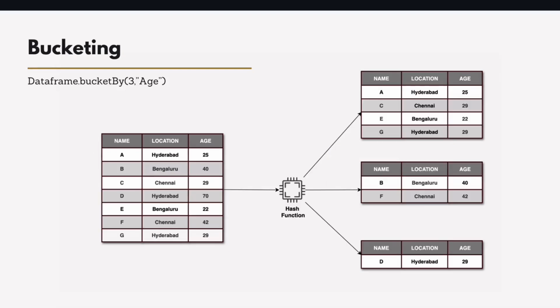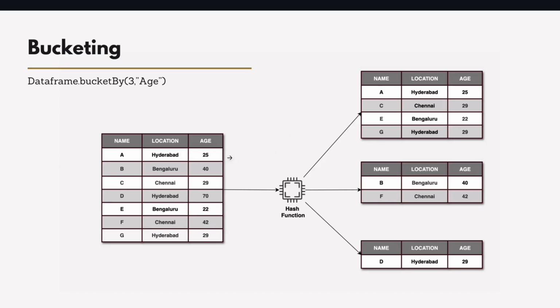That is bucketing. Instead of creating a partition for each and every unique value, with bucketing we specify the number of buckets and also provide the column that we want to partition based on. Let's suppose age has values from 0 to 100 and we give 3 buckets. It will perform a hash on this value, create 3 buckets, and based on the hash value, it sends that specific record to that specific bucket.